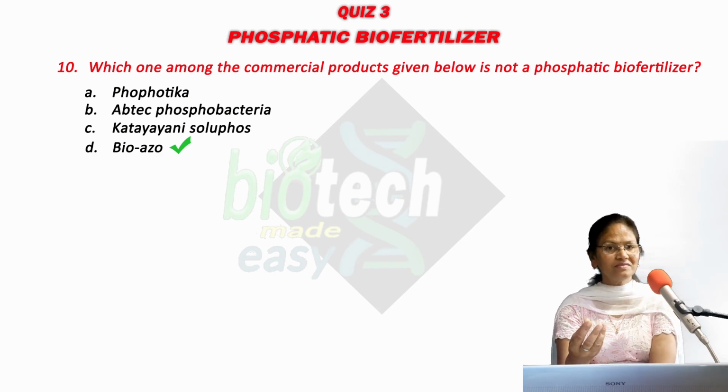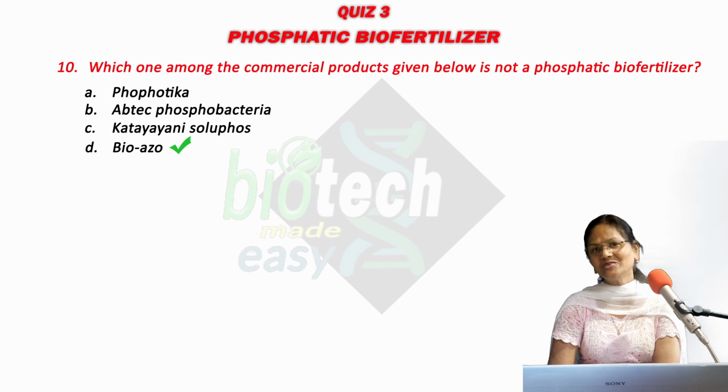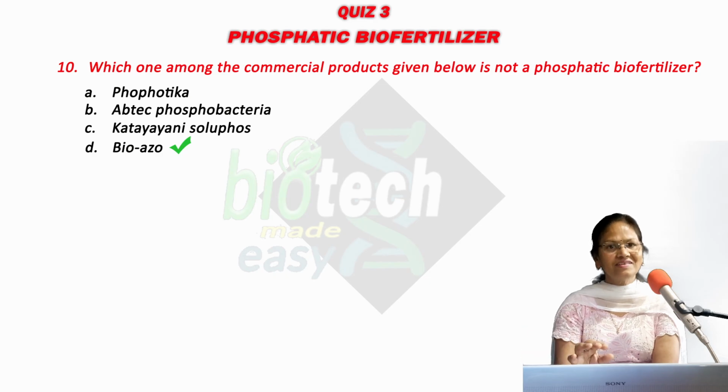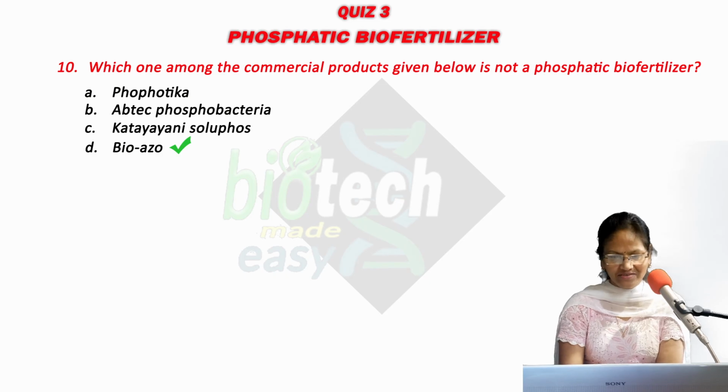Azo is the short form representing Azotobacter or Azospirillum. So these are actually nitrogen fixing bacteria. So you know that this must be used as a nitrogenous biofertilizer, but not as a phosphatic biofertilizer. So in this case, guessing is possible.